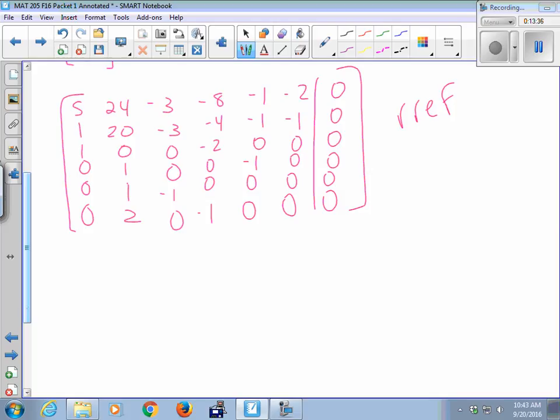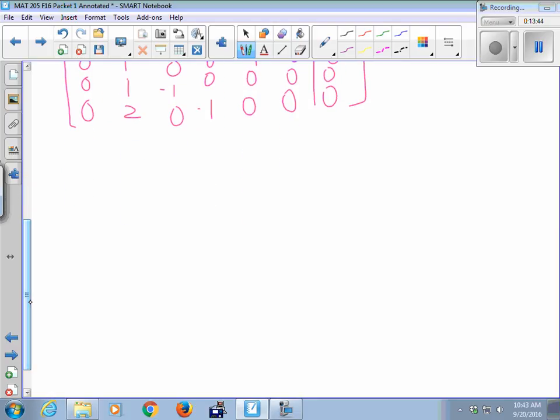And this one I'm going to finish solving just to show you how you end up with what the x1 through x6 is. Because your general solution is infinite. There are lots of x1s through x6s that can balance this equation.